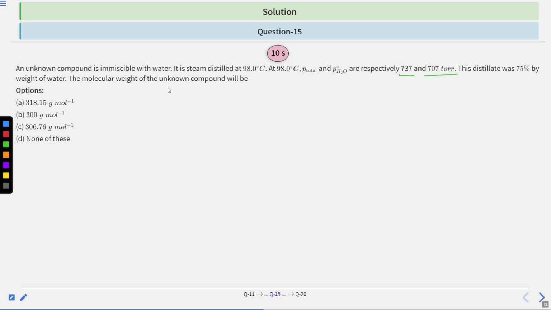The molecular weight of the unknown compound is. Options are 318.15 gram per mole, 300 gram per mole, 306.76 gram per mole, or none of these. So you have 10 seconds to solve this question. After that, we will see the answer.